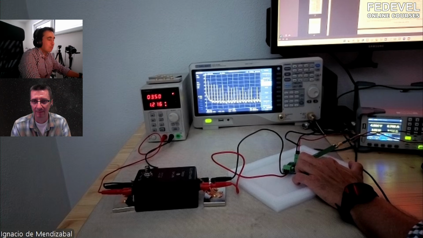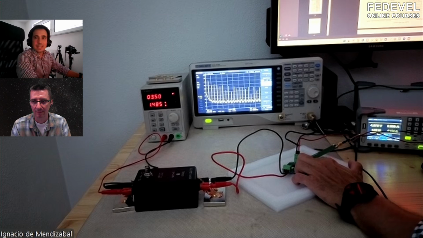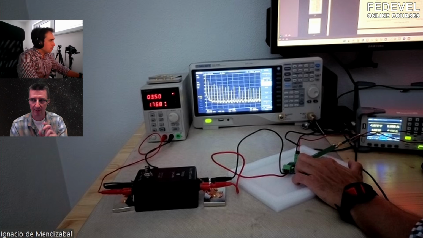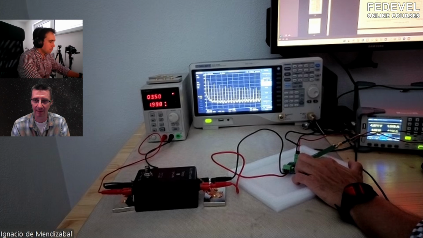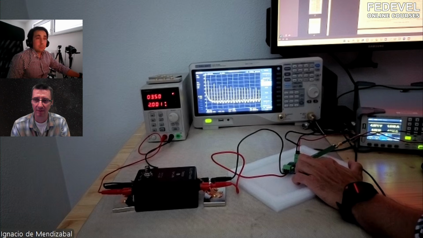This is also something interesting: we see that there are changes, but not necessarily in amplitude. The biggest change was between zero load and some kind of low load, and then it looks similar.